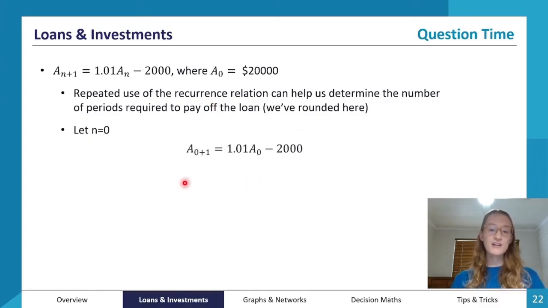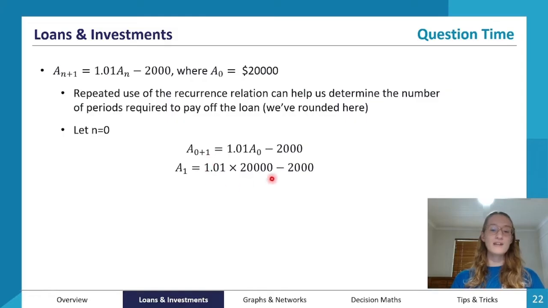You substitute into the formula: 0 plus 1, A1, equals 1.01 multiplied by A0, take 2,000. And that makes total sense, because what we're saying here is that A1, the amount after one time period, the amount after 1 month, is equal to our growth factor multiplied by the original amount.